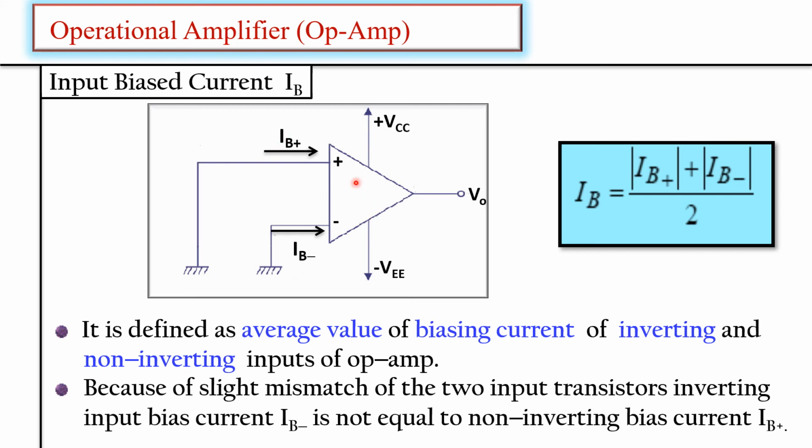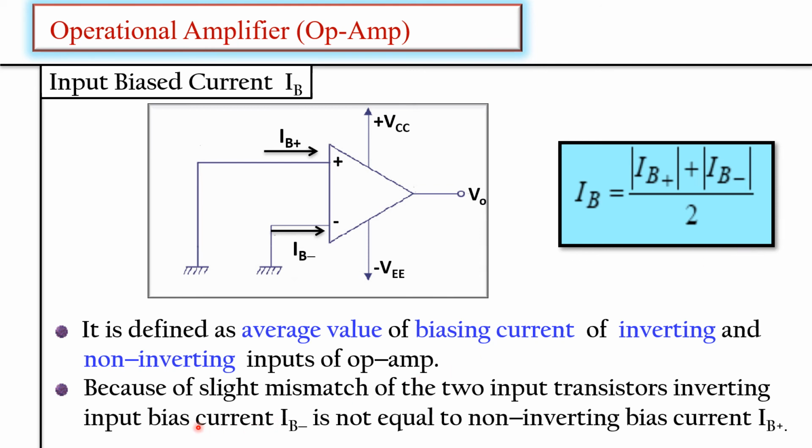The biasing current is defined as the average value of the biasing currents of the inverting and non-inverting inputs of the op-amp. So it is given as IB equals IB plus plus IB minus upon 2. Ideally, these two biasing currents should be identical.